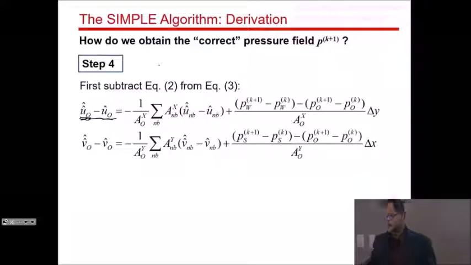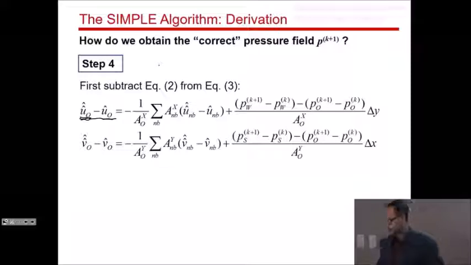This difference is the difference between the velocity field when I've satisfied just momentum versus when I've satisfied both mass and momentum. So obviously I'm expecting that once I satisfy mass also, the velocity field is going to change. That change is what we are talking about here.